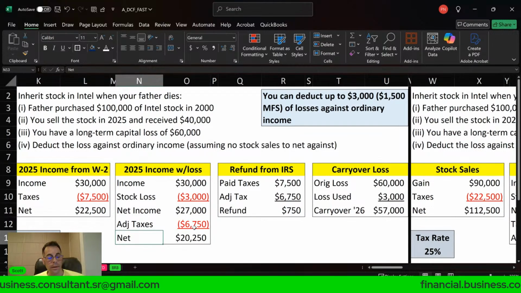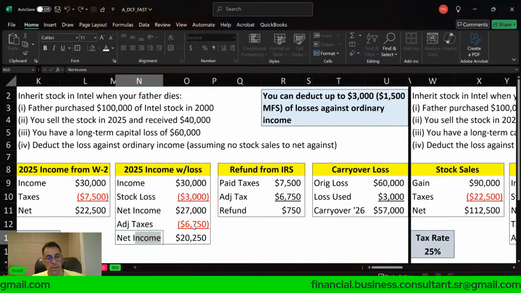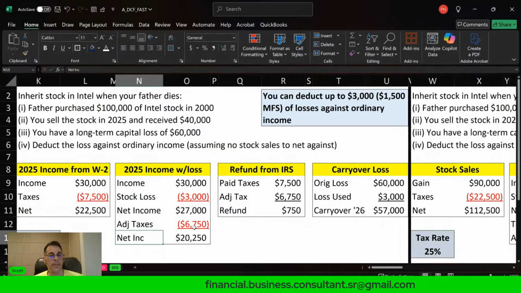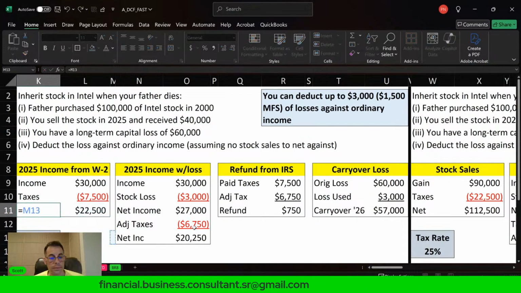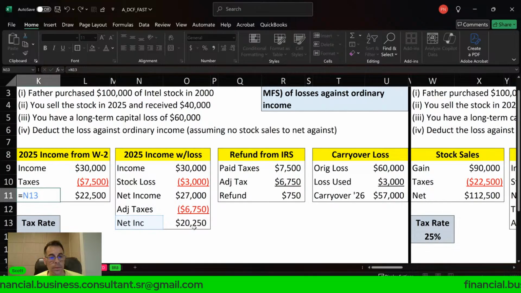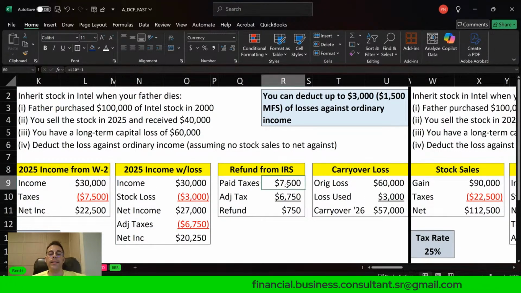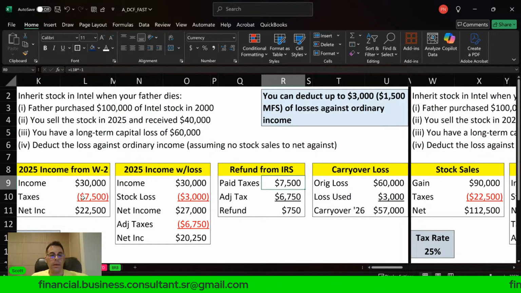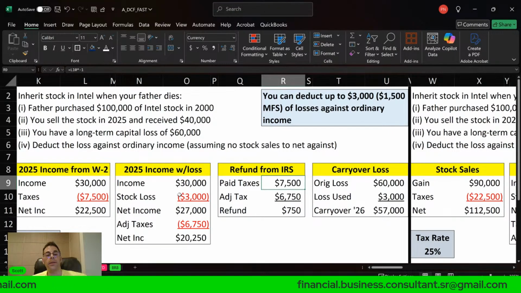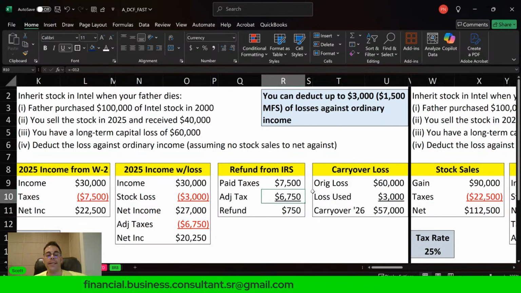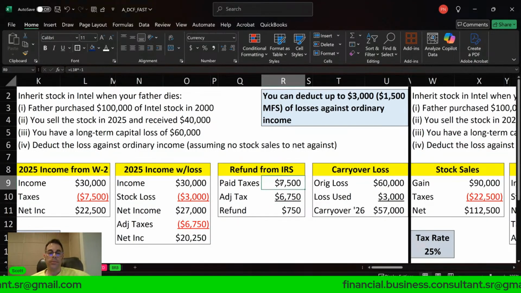So your net income for the year, your net income after taxes is $23,250. So this is the refund you get from the IRS. You paid $7,500 in taxes, right? That's how much you paid. It was each month. And then when your accountant took into account this deduction of $3,000, he's saying you should have paid $6,750, and this is what he provides to the IRS, this information.